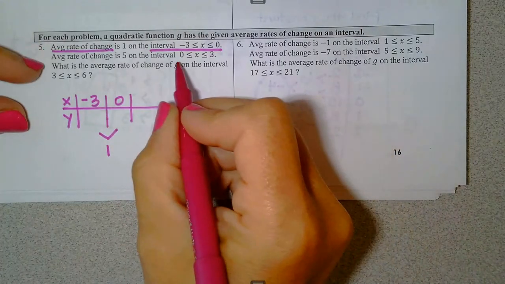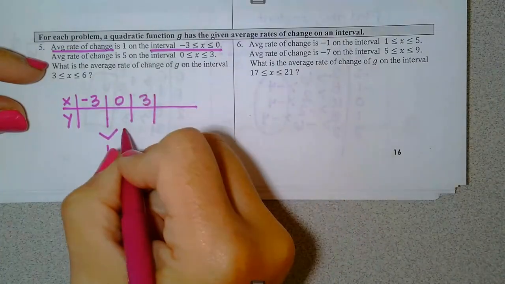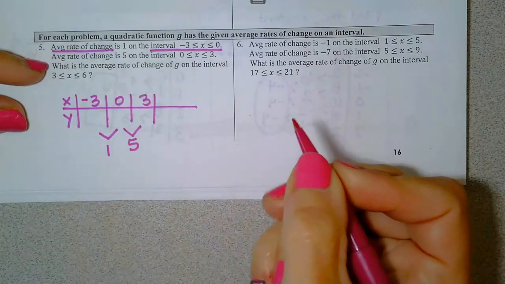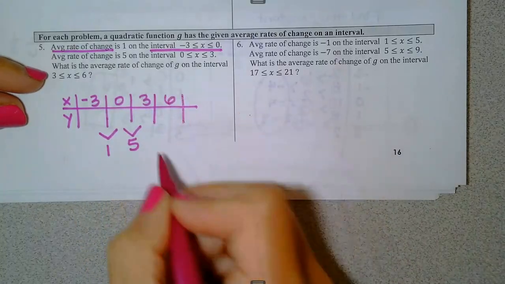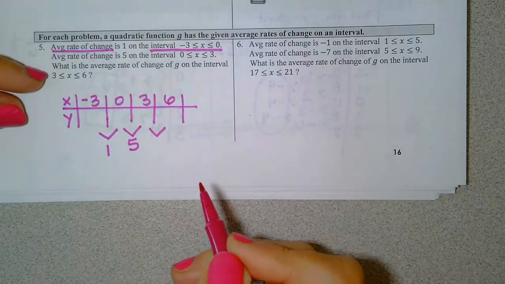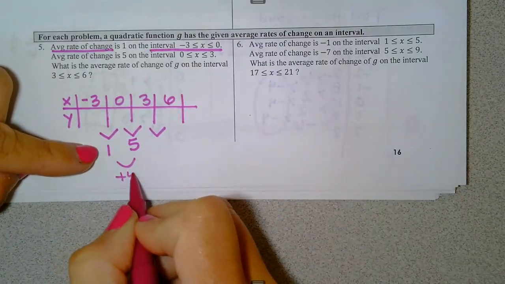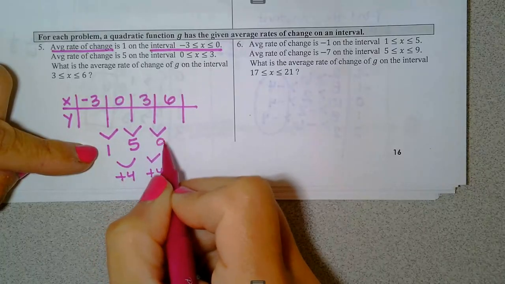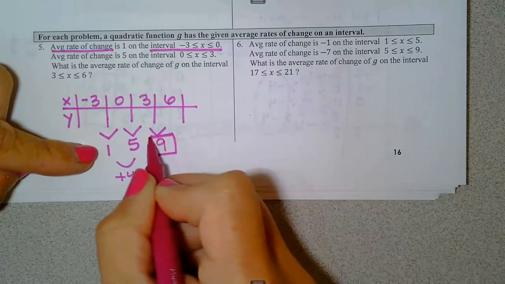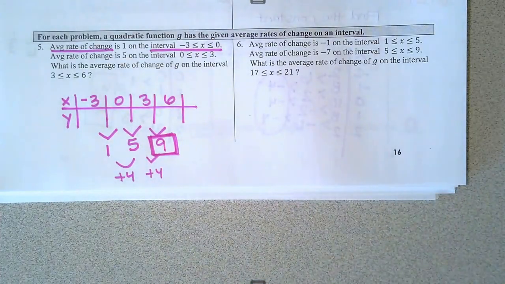And then the average rate of change from 0 to 3 is 5. Then from 3 to 6, you kind of are working backwards. You're figuring out that this is a +4, so this would be a +4. So then you're adding 4 to get 9 as your average rate of change. Does that make sense?